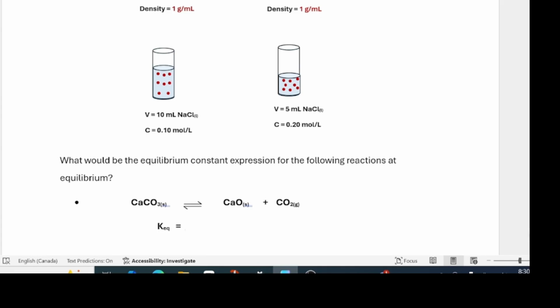That emphasizes the point that if you have aqueous solutions of acids and bases and other substances, their concentrations do change, but pure liquids and solids don't have a change in concentration.